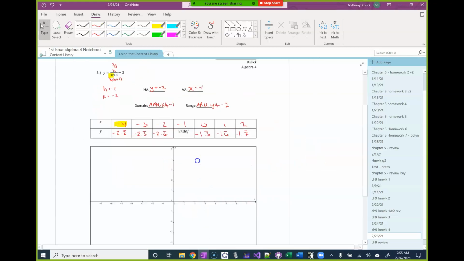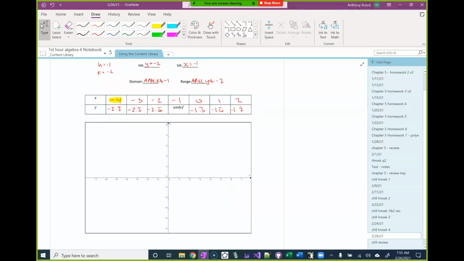So let's draw our graph then. I'm going to start by putting in my asymptotes. So there's my vertical asymptote at -1. And there's my horizontal -2. Then I have -4 and -2.2.